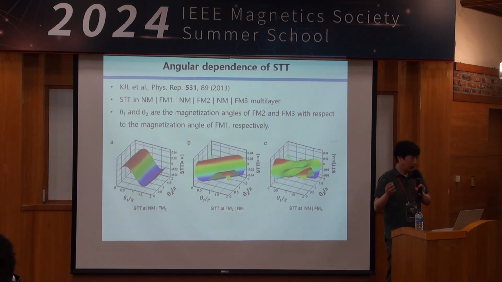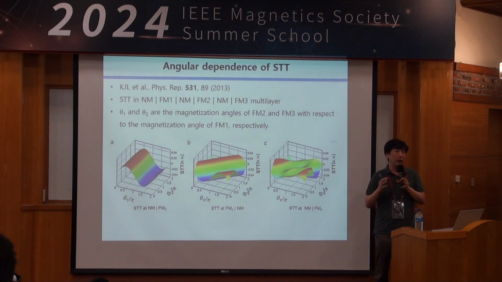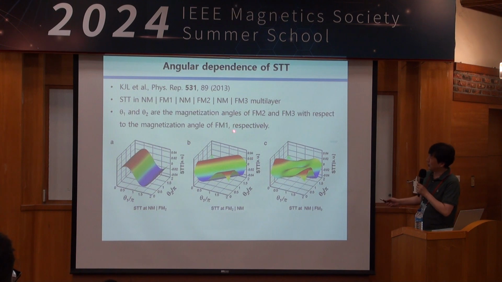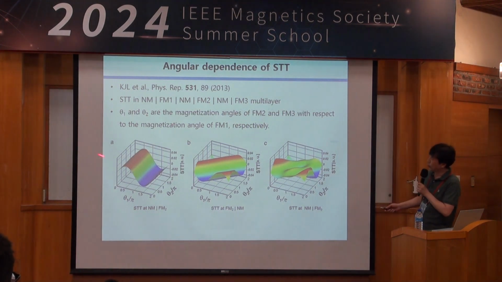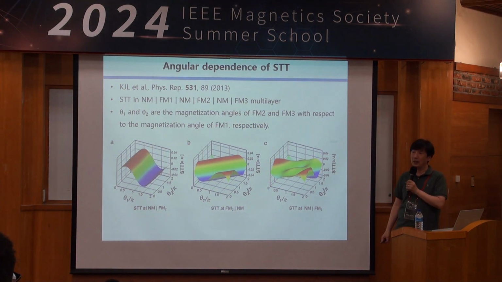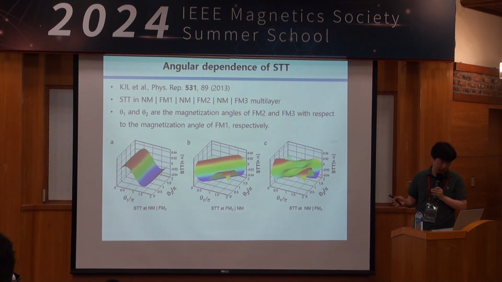So by combining this boundary condition with the previously explained spin drift diffusion model, you can calculate the spin torque angular dependence in any kind of metallic structure. It can be complicated, because here we have 3 ferromagnet layers.